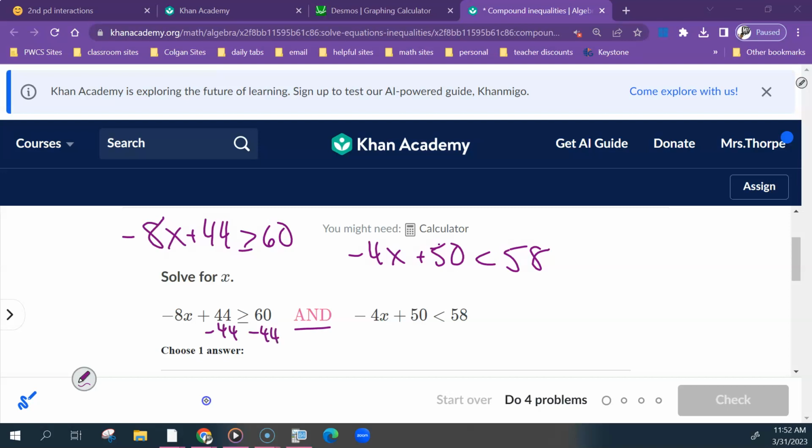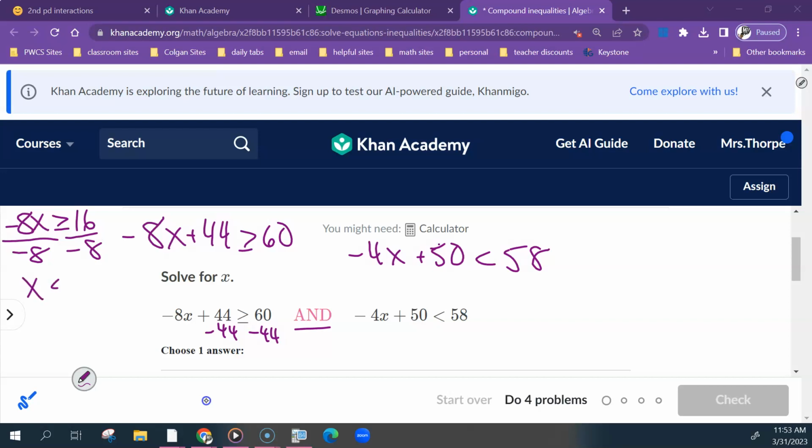What is that, 16? Someone double check that. And then divide both sides by negative 8.